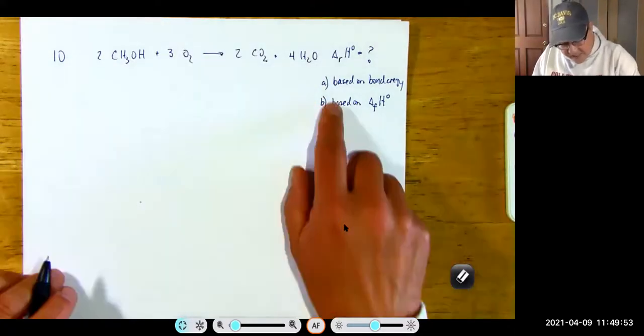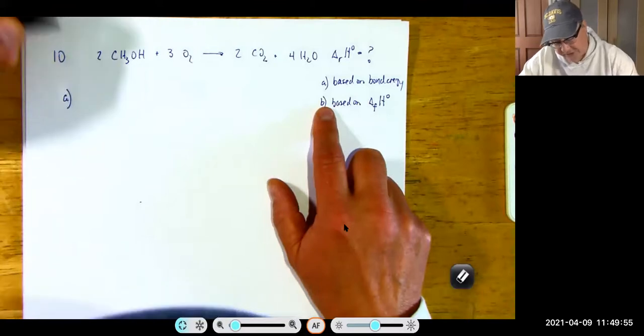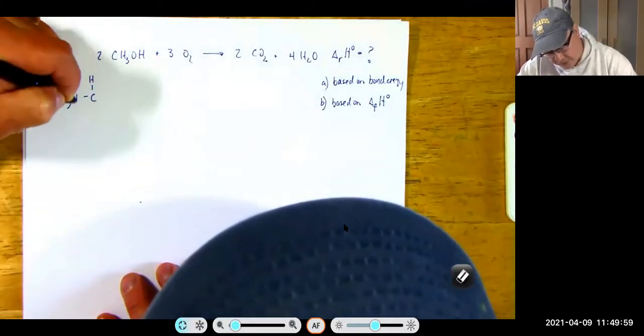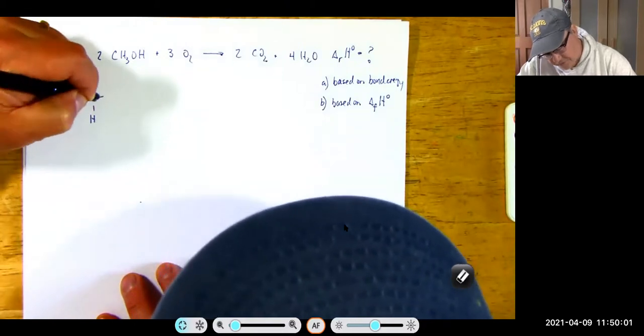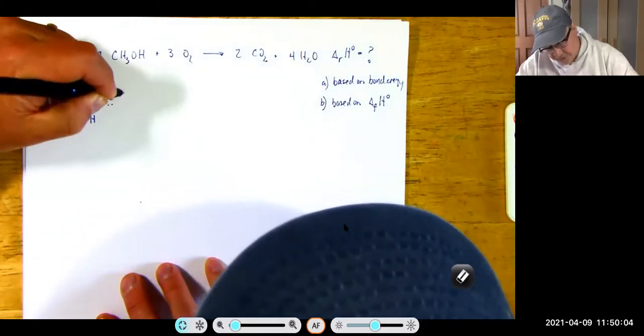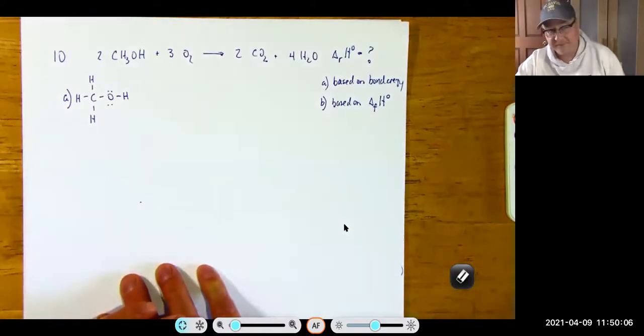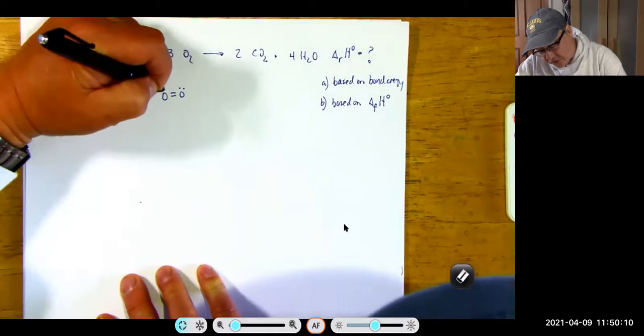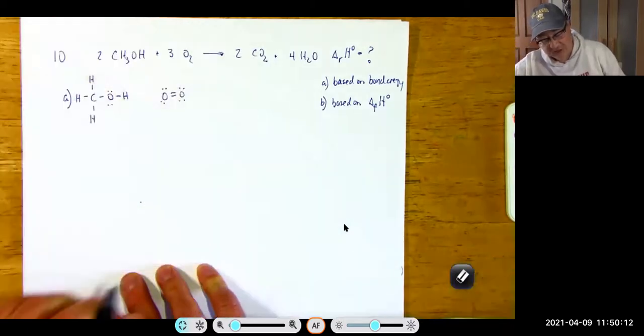So for A, to estimate it on bond energies, you need the Lewis structures, and you don't need a molecular structure, just a Lewis structure. So there's your Lewis structure of methanol. And here's your Lewis structure of oxygen.